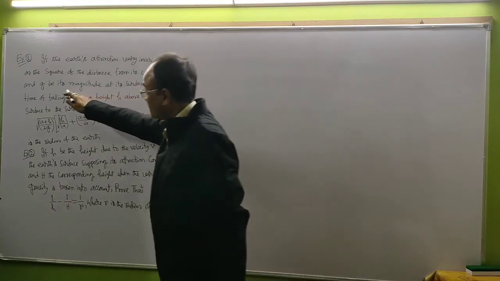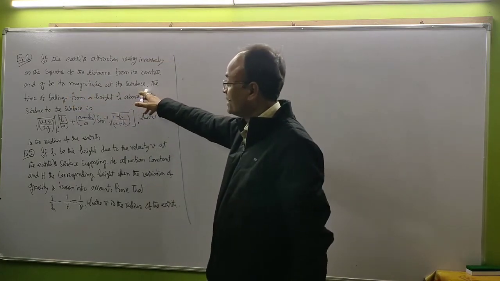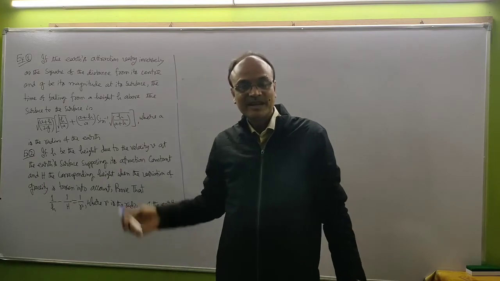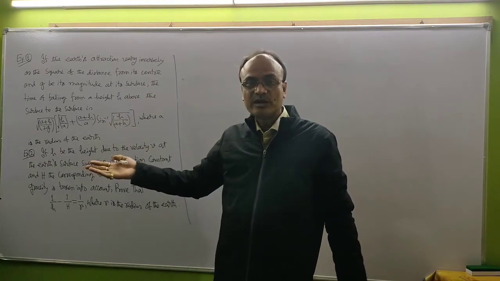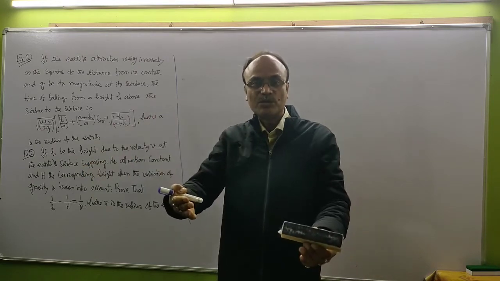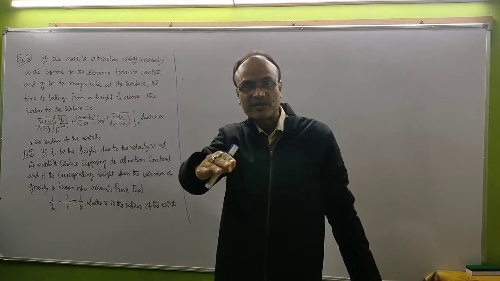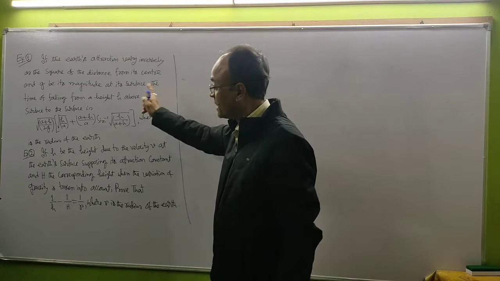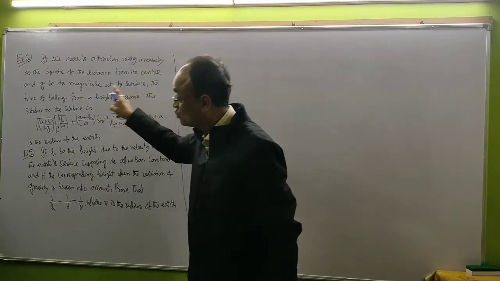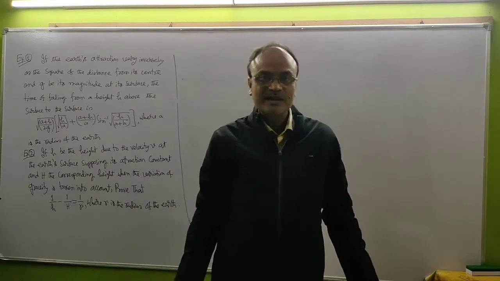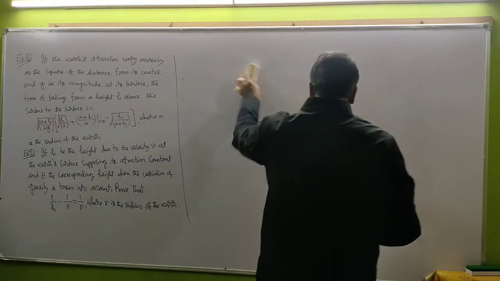And g be its magnitude at its surface. If it is also not mentioned, then also the value of the acceleration at the earth surface is equal to g. The time of falling from a height h above the surface to the surface is this.